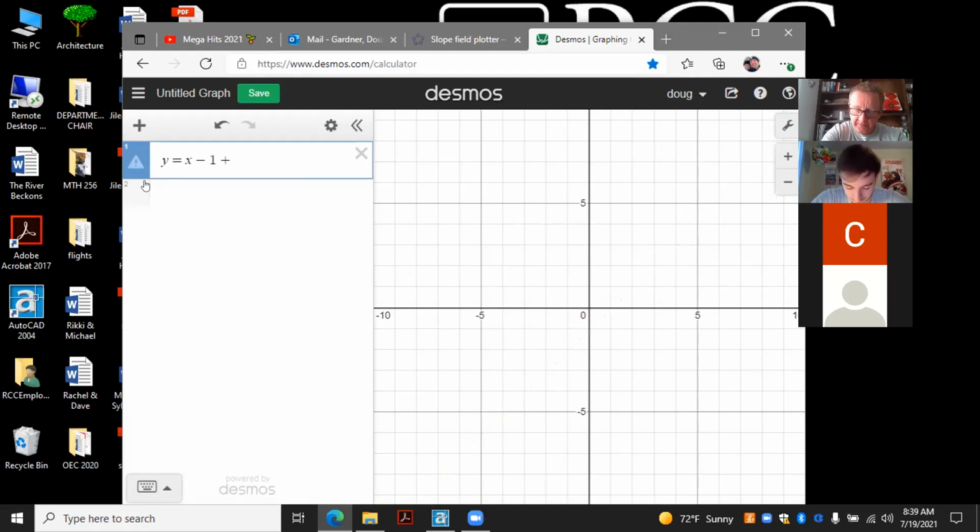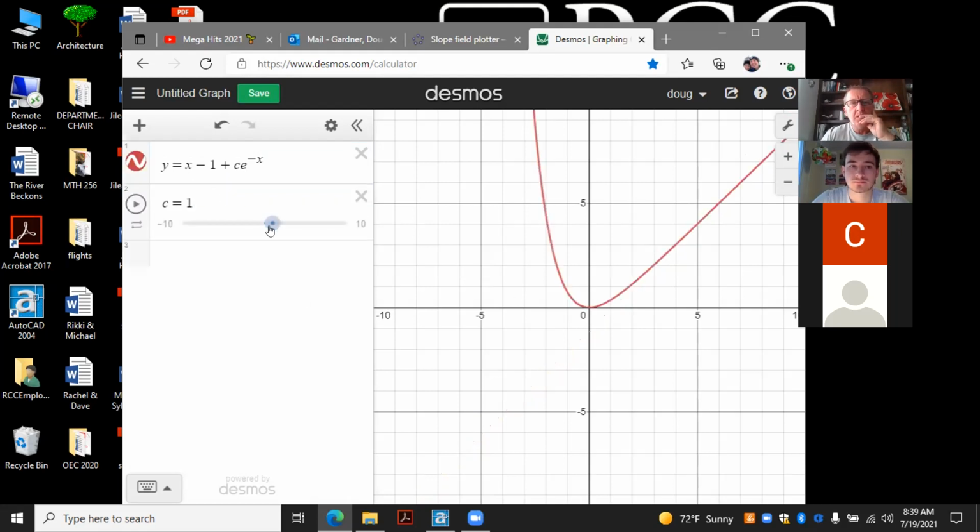But then what happens if I add c times e raised to the negative x power? That's what we're saying the solution is, correct? Look at that. Isn't that indeed what we just saw?